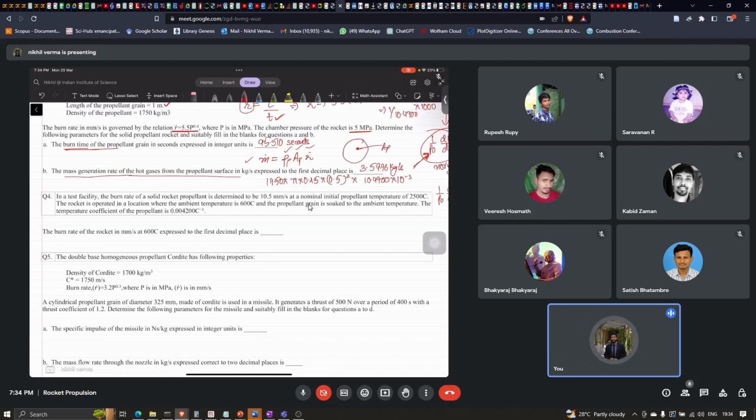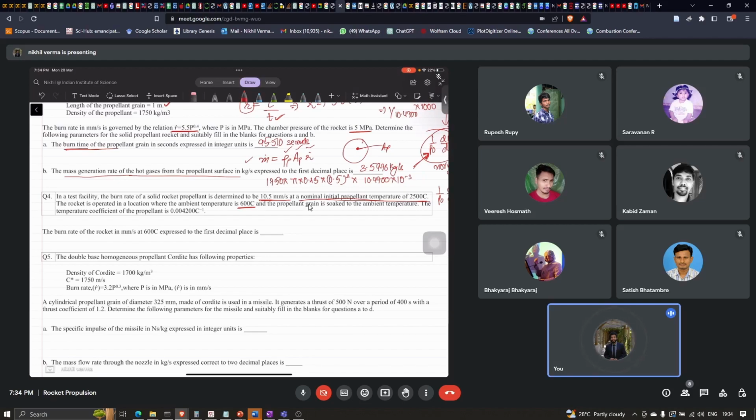Okay, so let us look into another problem, which is more related to the temperature sensitivity of the propellant. It is given that the burn rate of a solid propellant is determined to be 10.5 mm per second at a nominal initial propellant temperature of 2500 degrees Celsius. It is required to find what happens when the temperature reduces to 600 Celsius.